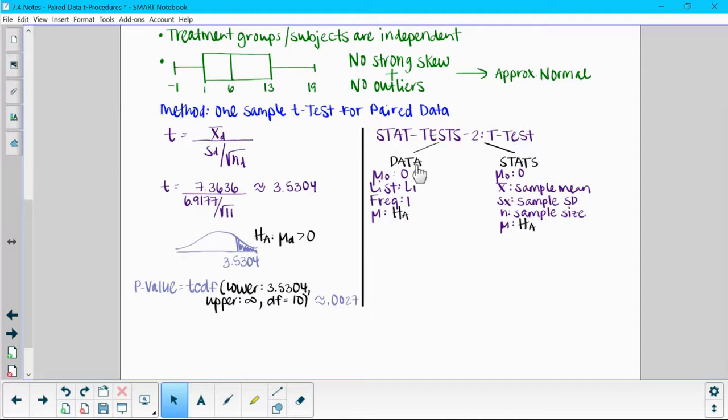You will be given what's mu0 for both, and you'll always state it's 0 for matched pairs or paired data, whatever you want to call it. Data asks what list, frequency we leave as 1, and then it asks you what your hypothesis is, your alternative. Stats will ask for your sample mean, sample standard deviation, sample size, and also ask what the alternative hypothesis is.